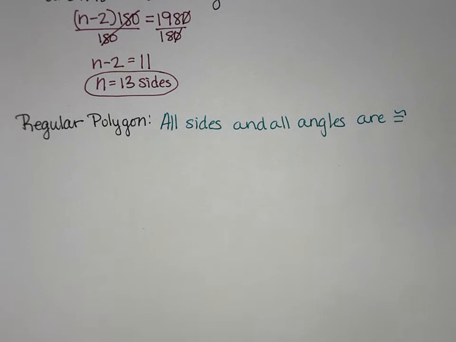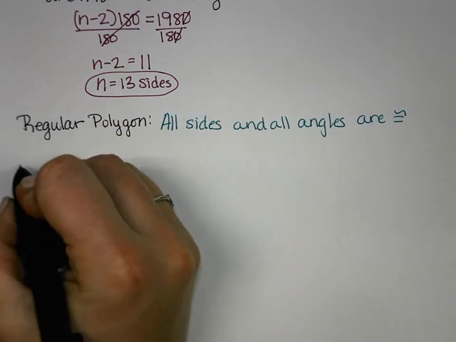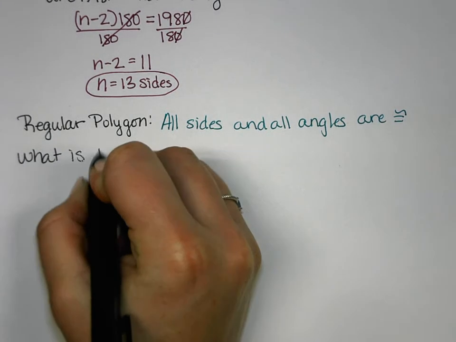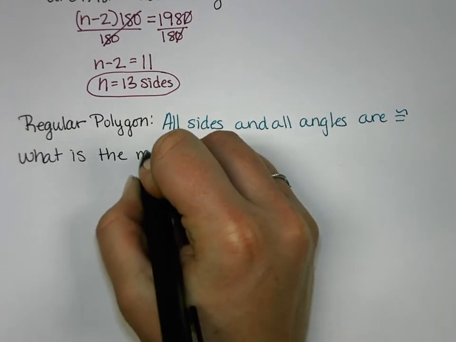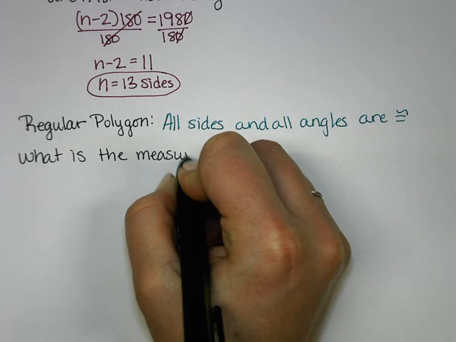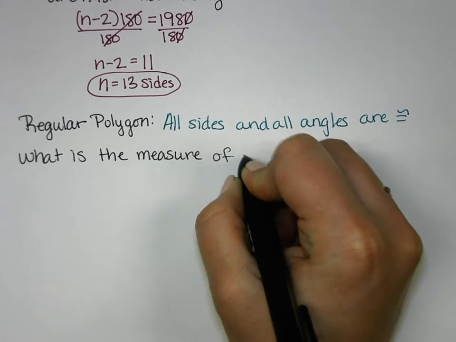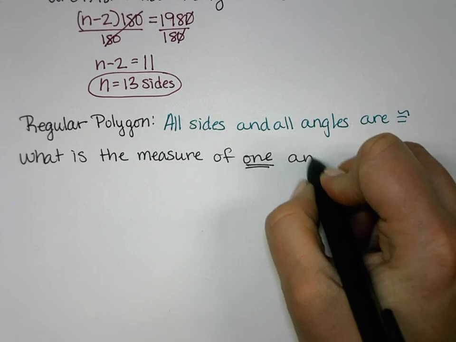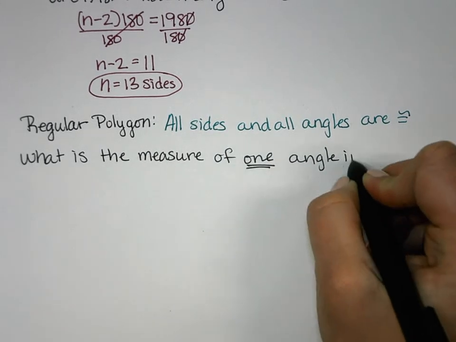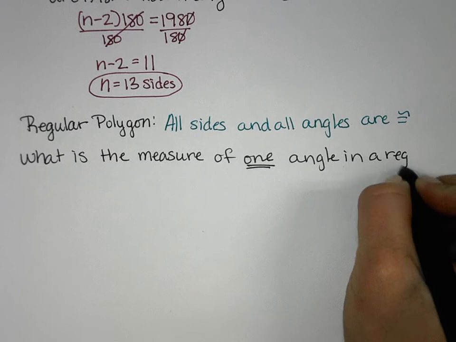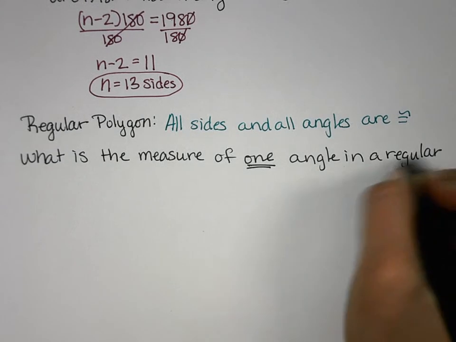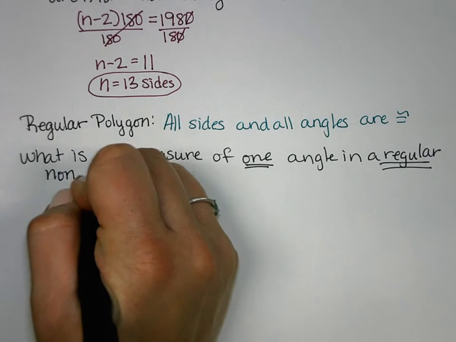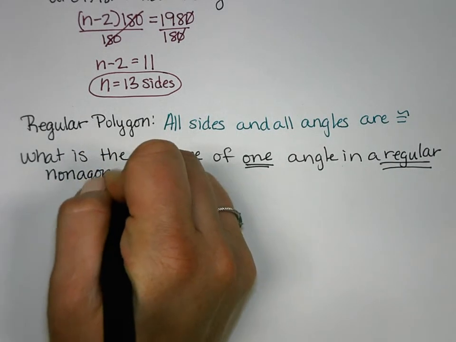So if I wanted to find what is the measure of one, keyword one, angle in a regular, that's our other keyword, regular nonagon. Throwing a new one at you.